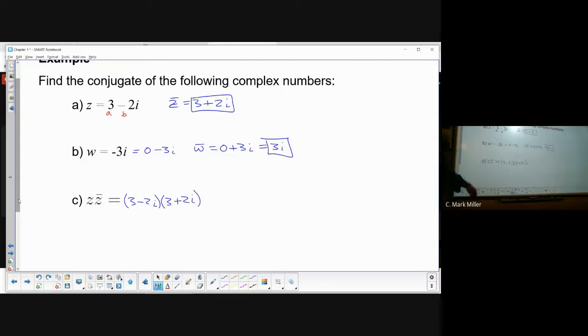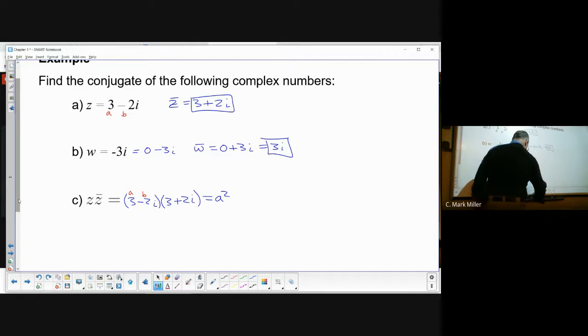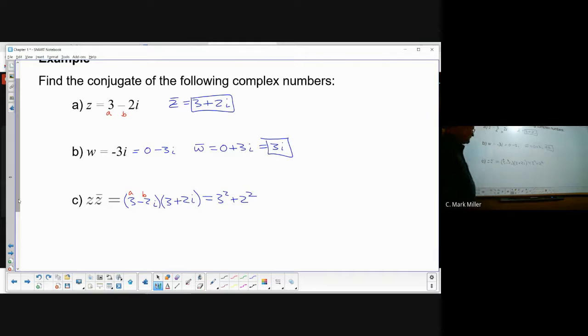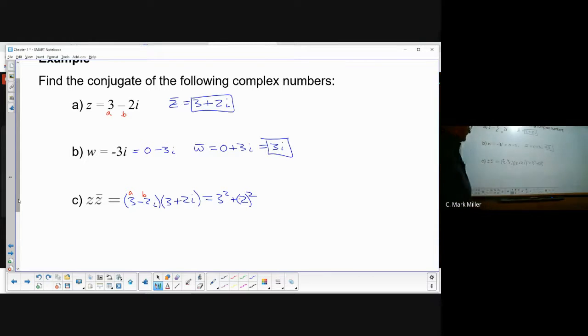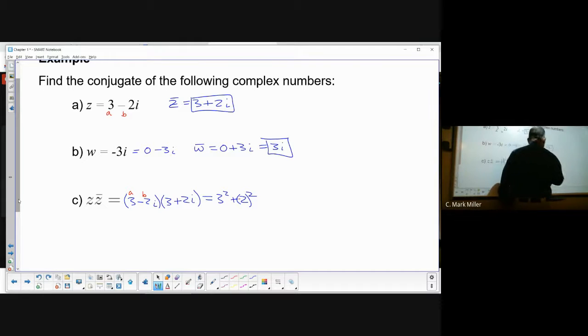Using our shortcut formula, this is our A, that's our B: A squared plus B squared. Actually, it's going to be 3 squared plus minus 2 squared, because B is minus 2. That gives me 9 plus 4, or 13.